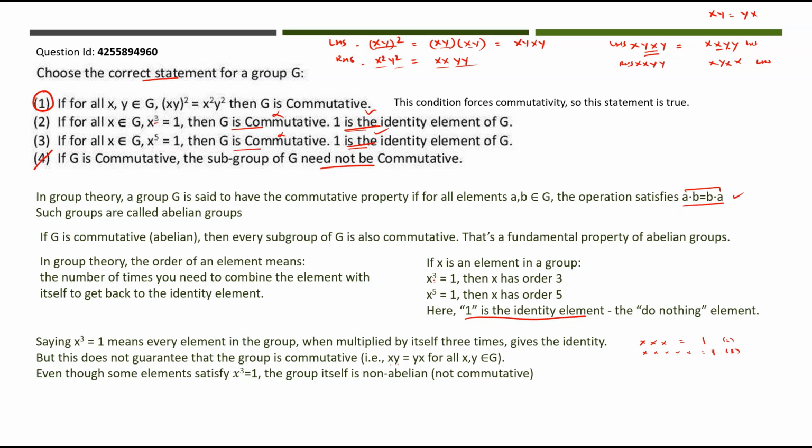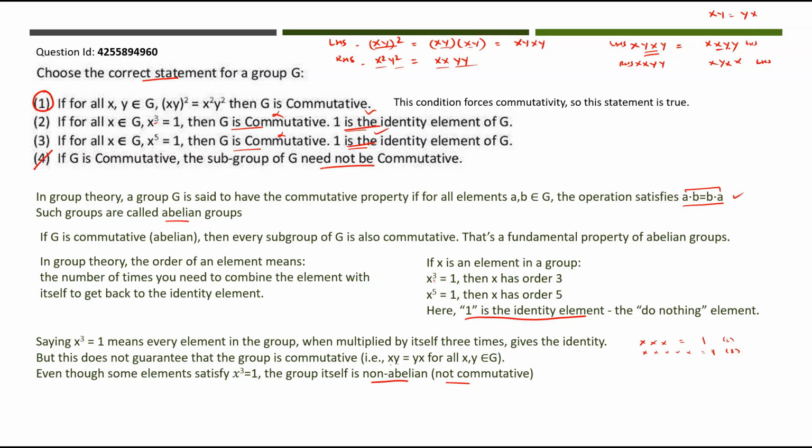When it is abelian, it is commutative. Only when the property of commutativity holds do we call it an abelian group. When they say it is not commutative, automatically we say it is a non-abelian group. When the group itself is non-abelian, we can confidently say that it does not belong to the commutative aspect.